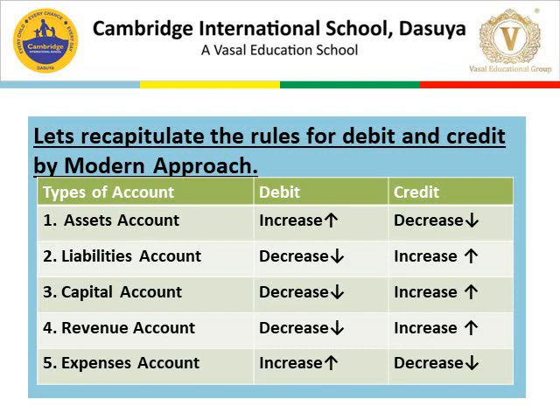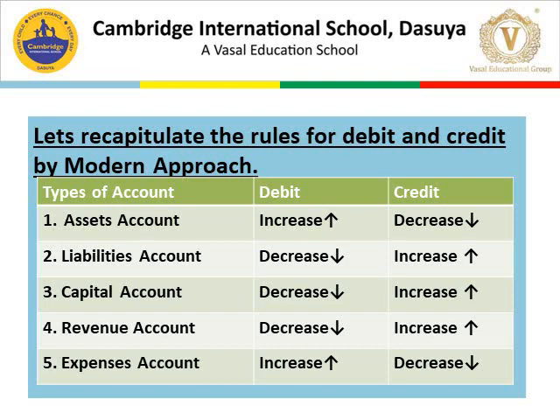Here is the modern approach of debit and credit. There are types of accounts. It covers five major accounts: assets, liabilities, capital, revenue, and expenses account. According to the table, we will cover first asset account. When assets increase, it will be debited.